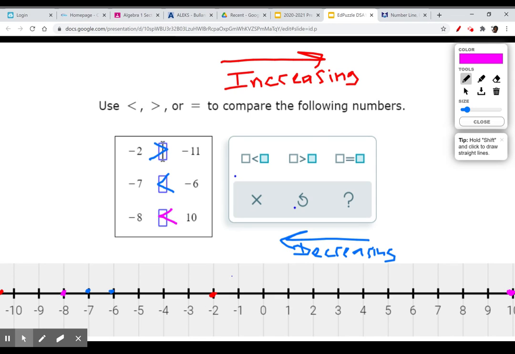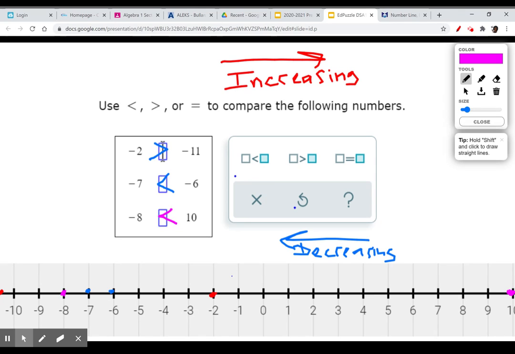So I really want to emphasize in the very first one that we looked at, -2 compared to -11, we have that down here in red. -2 is to the right of -11, therefore -2 is greater. For -7 compared to -6, -6 is to the right of -7, therefore -6 is greater.